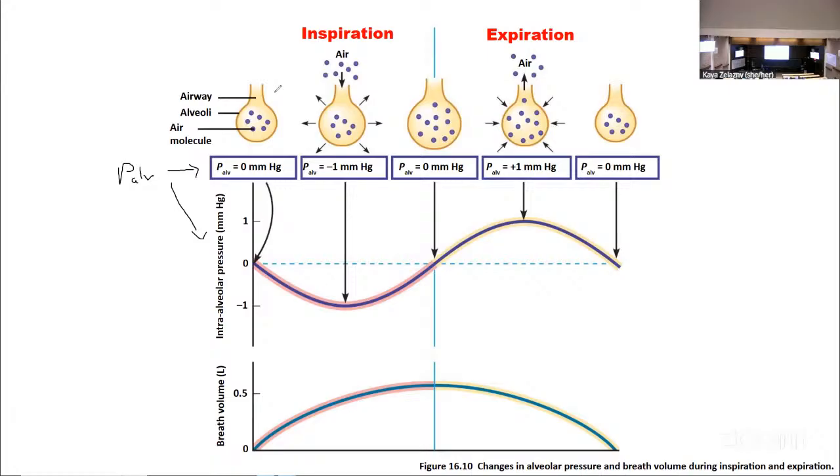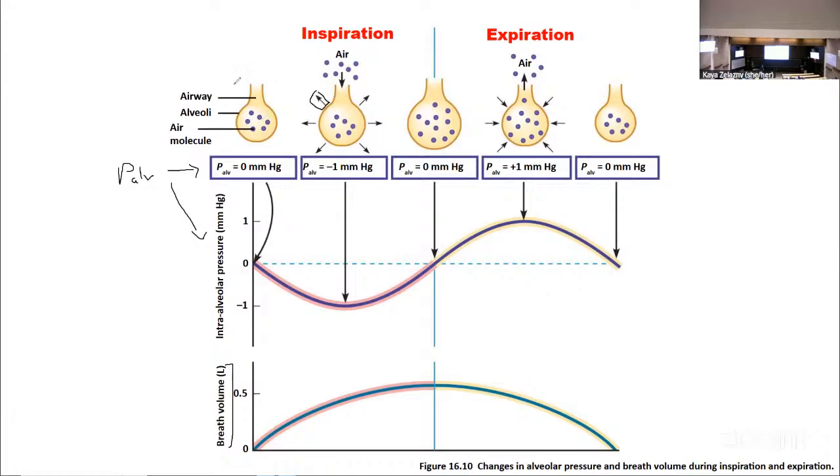And here at the bottom, we can see how much air is actually in the lungs. So we can see this breath volume here at the bottom. So we're looking at the beginning here of our breath cycle, right before you breathe in.